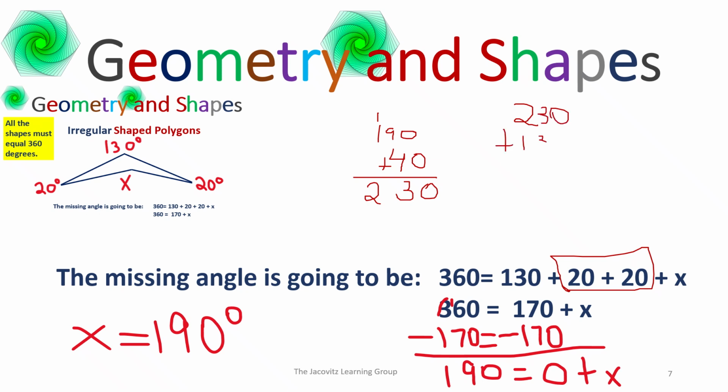Are you doing the mental math? You already know this is going to come down to a 360 degrees. So you did the problem correctly, and that's all you do.